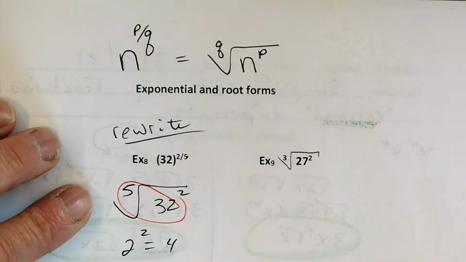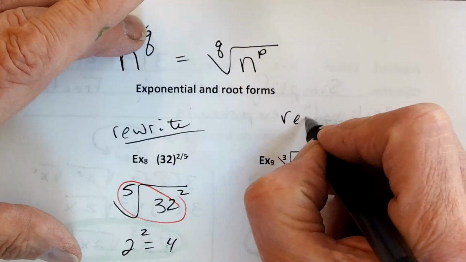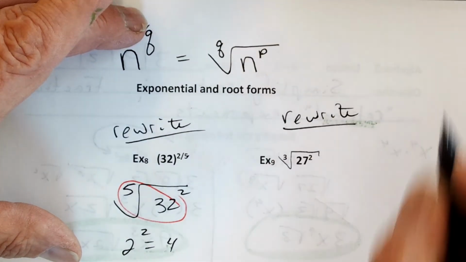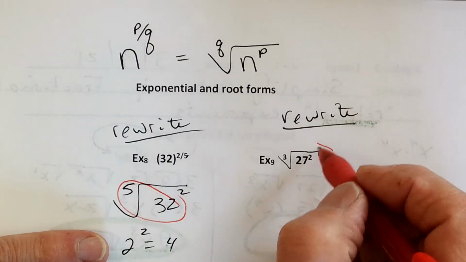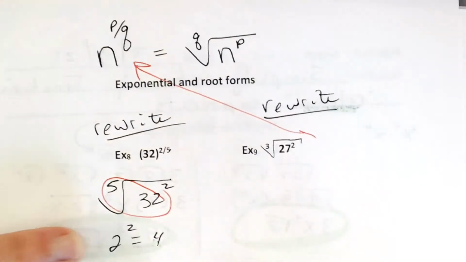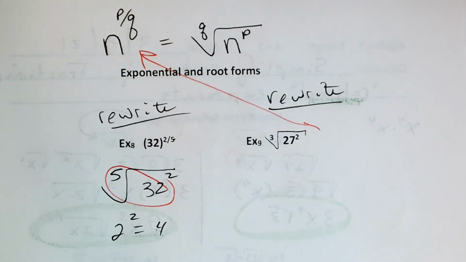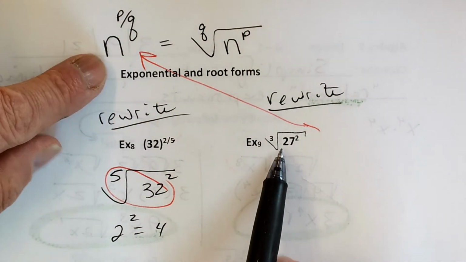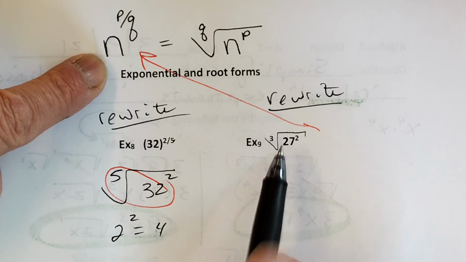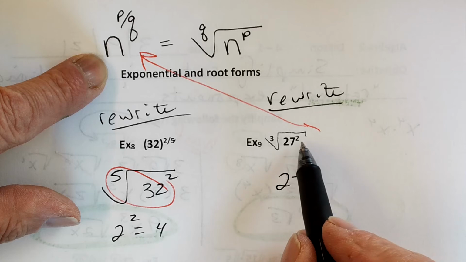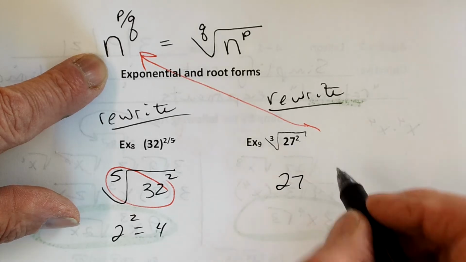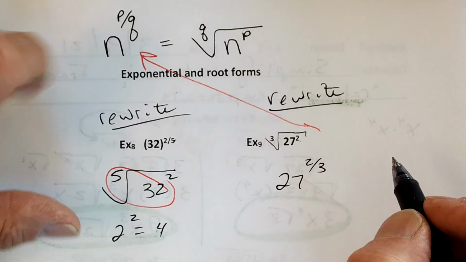Now, example 9. Let's rewrite. This one needs to go into that form. So my number is 27, and then I'm going to go to the 2/3 power.